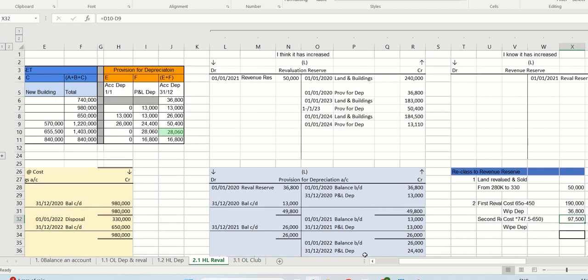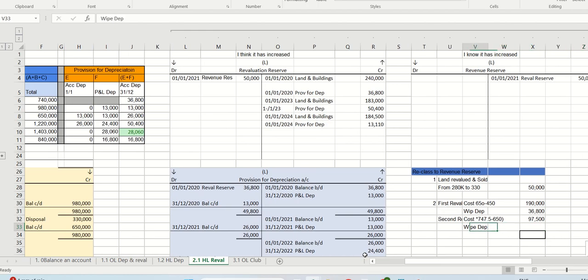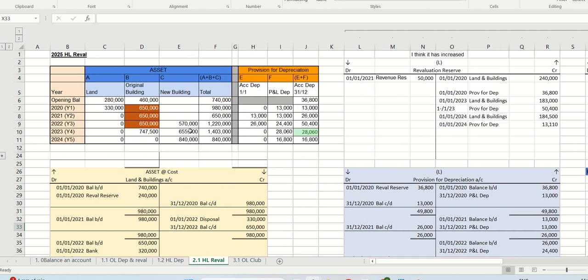The final one is the trickier one, where you have to get how much depreciation was in there when we did that second reval. When we did the second reval, we revalued 2 buildings at the same time. We went from 1220 up to 1403 and we wiped the depreciation, so it went from 50,400 down to 0.